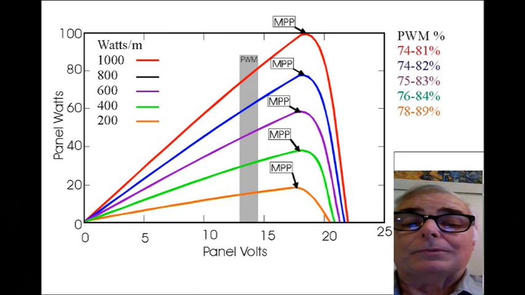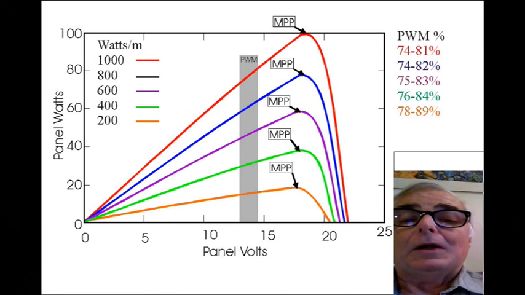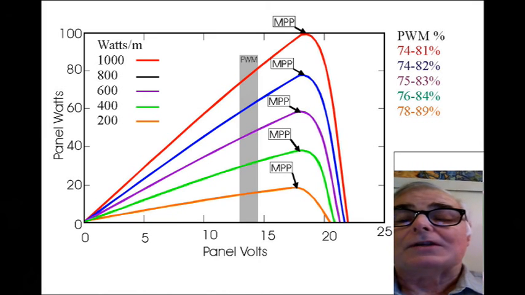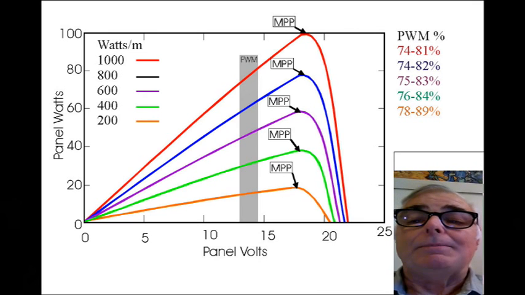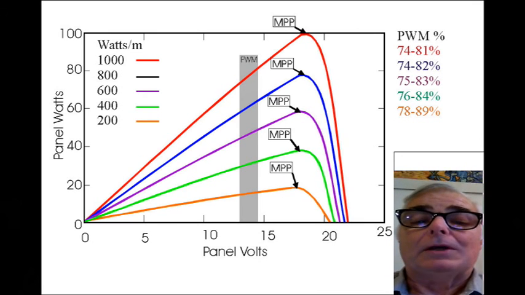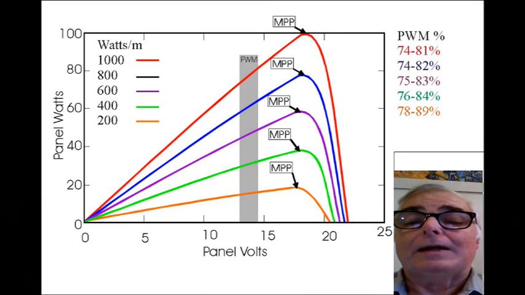That box runs from about 13 volts up to 14.5 volts, which is, as I said, the typical charging range. So where each curve intersects the gray box is the power that you can expect to get from a PWM controller, simply because we've pulled the panel down to that voltage range.